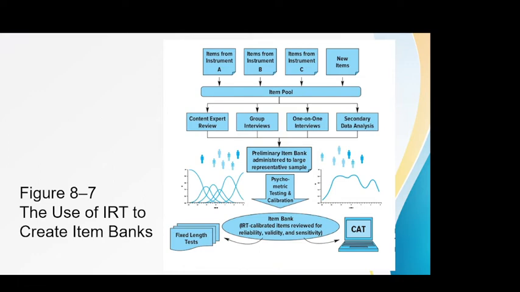Ito yung group of respondents na maaaring mag-answer ng mga item na nasa item pool, yung mga possible questions, or relevant ba siya. So, after nyan, kung ano yung mga matitirang items, mapupunta na siya sa preliminary item bank administered to large representative sample.